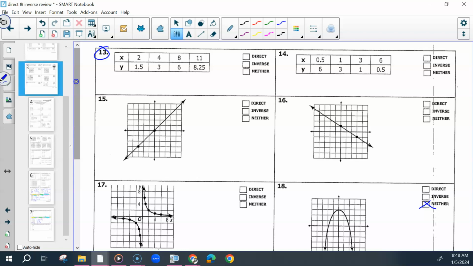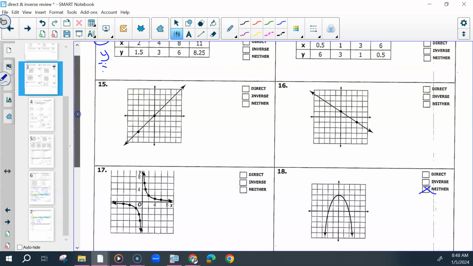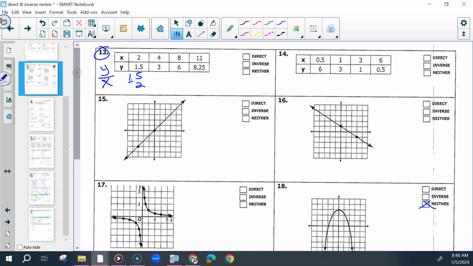Okay. So if we think it's going to be direct, we're going to divide y by x. So 1.5 divided by 2, what would that give us? 0.75. 3 divided by 4 is the same thing as 0.75. 6 divided by 8 is 3/4.